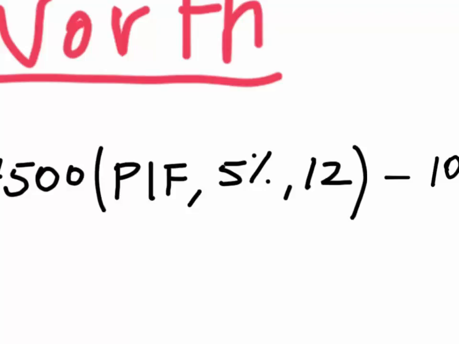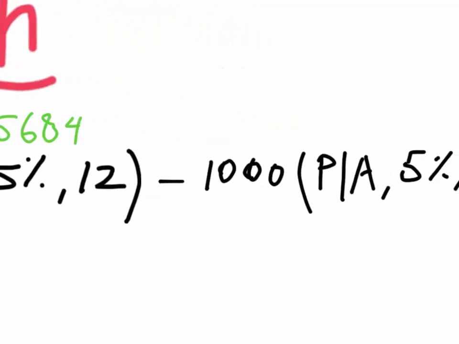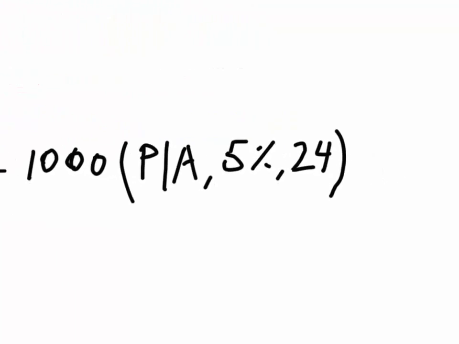So P given F, 5% and 12, is 0.55684. And then the second factor, P given A for 24 years, is 13.79864.